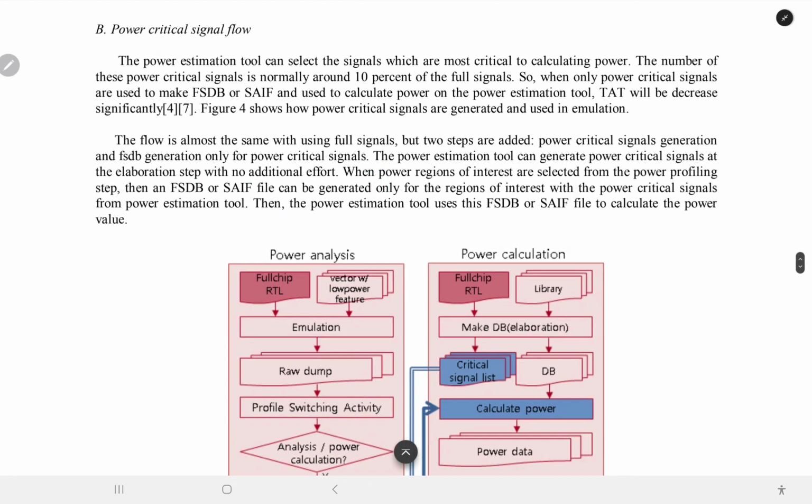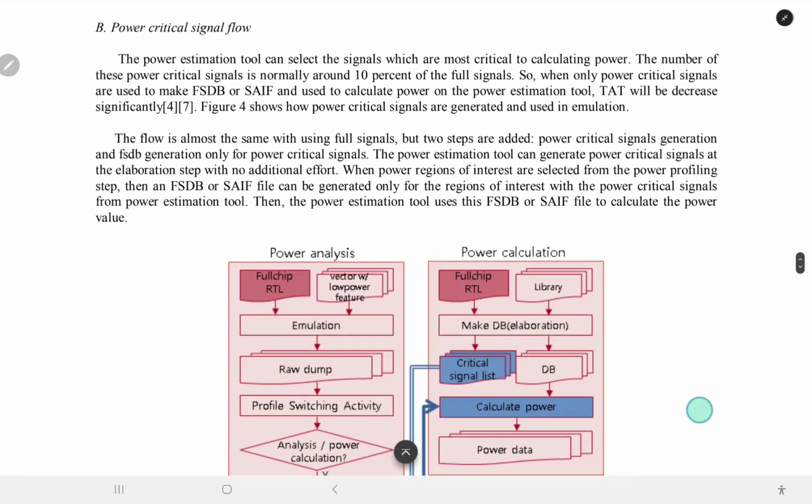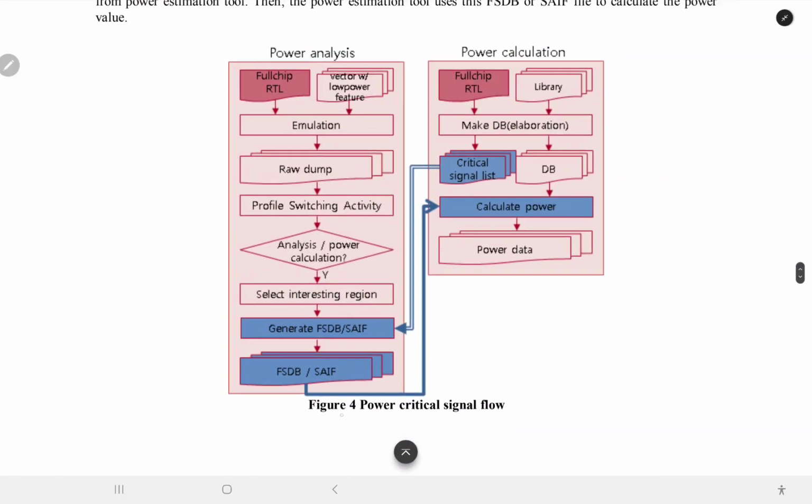When low power regions of interest are selected from the power profiling step, an FSDB and SAIF can be generated only for regions of interest with power critical signals from the power estimation tool. The power estimation tool then uses these FSDB or SAIF files to calculate the power value. Figure 4, power critical signal flow.